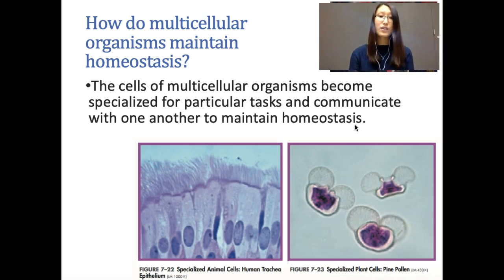Also, let's say you get sick, your cells will send signals to each other to locate an area of your body that is being invaded so that we can make more white blood cells, and the white blood cells can travel to the problematic area in order to keep you healthy, okay? So that's how multicellular organisms maintain homeostasis. We have all those cells, they're not all the same, otherwise we'd just be a giant blob.